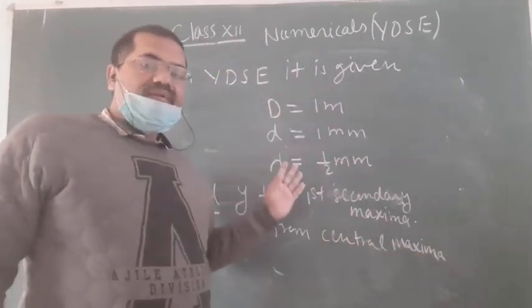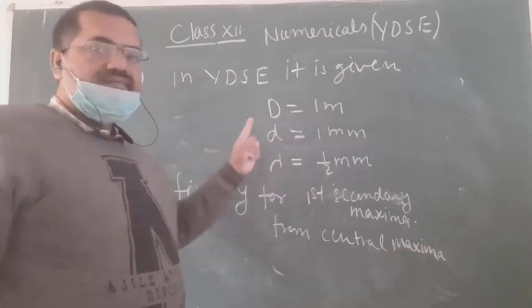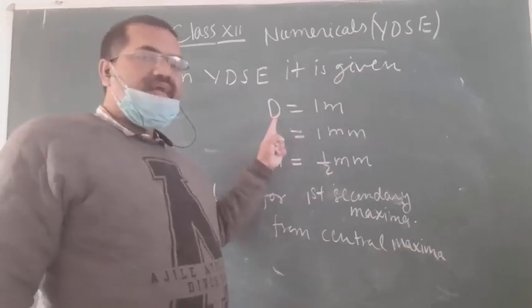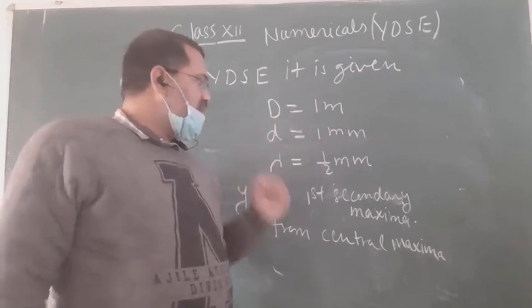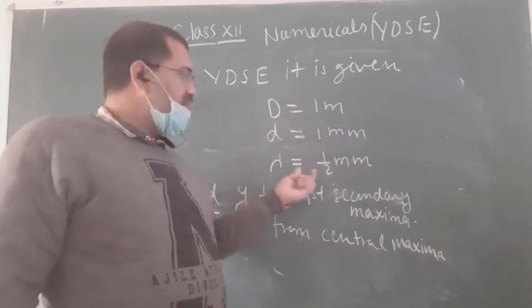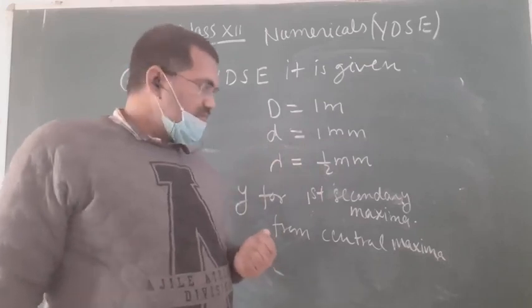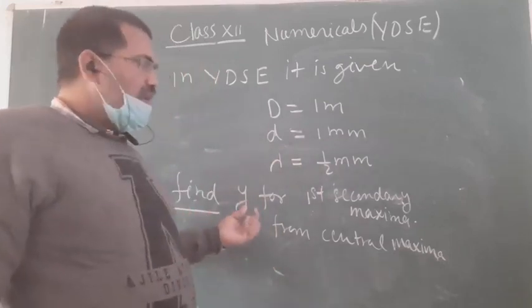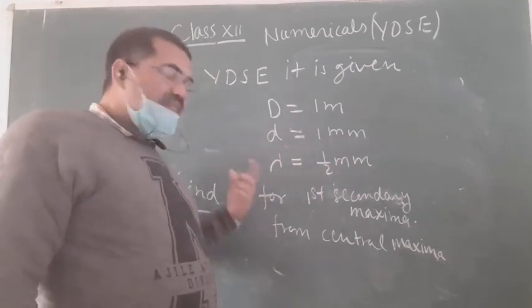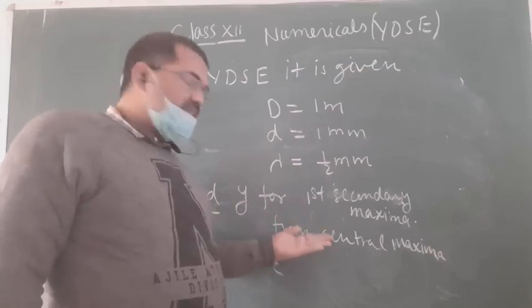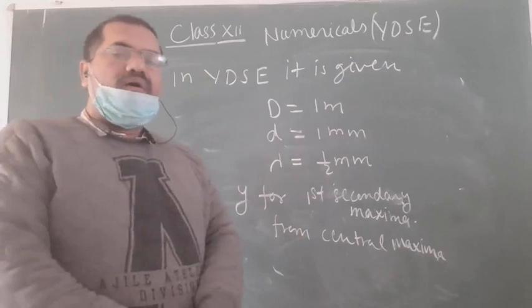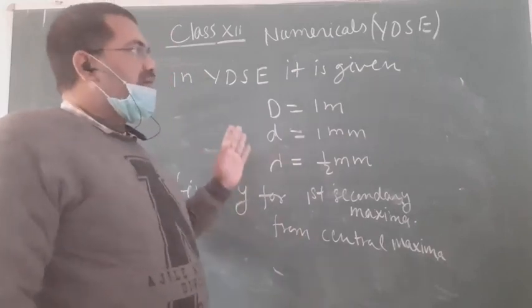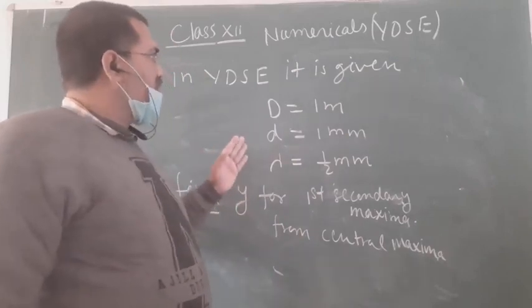These are the parameters given: the distance between screen and slits is 1 meter, the distance between the two slits is 1 millimeter, and the wavelength of the wave is half a millimeter. So you have to find y, the position of the first secondary maxima with respect to the central maxima. I hope you all understand what the question says.